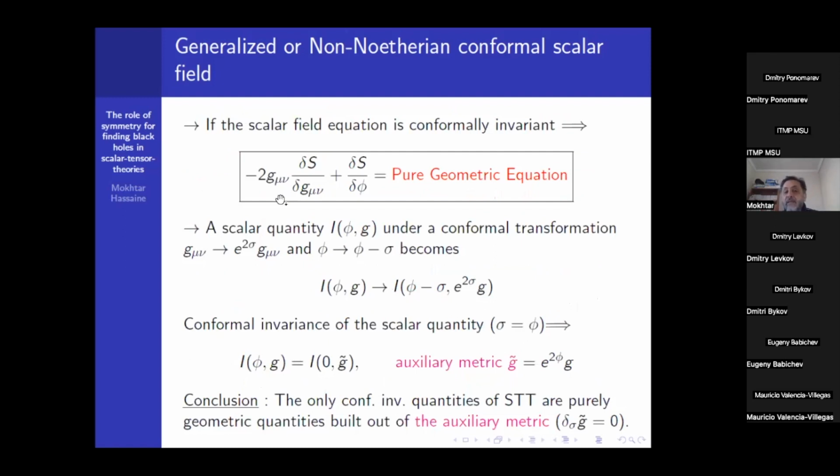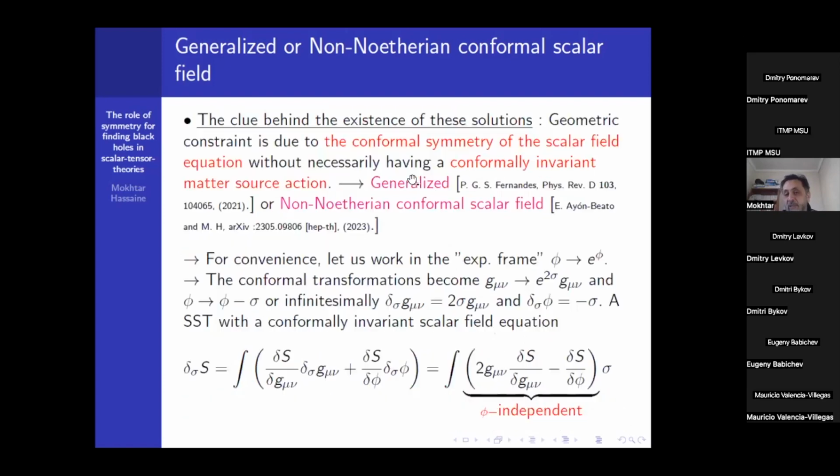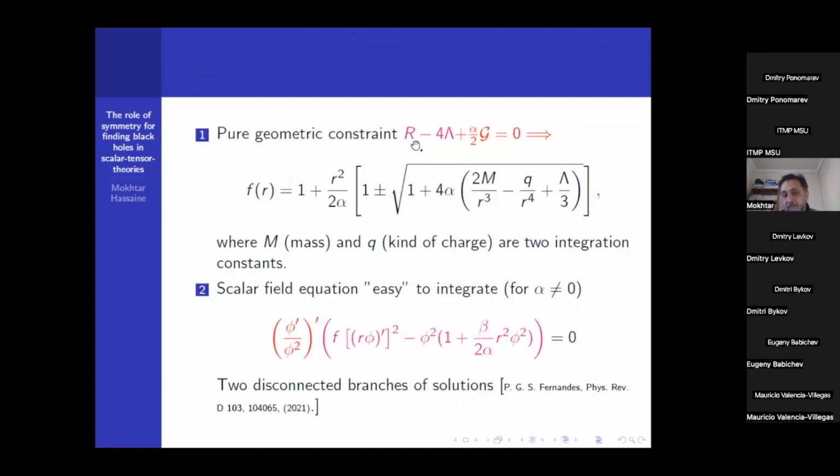So if the scalar field equation is conformally invariant, we have this quantity, the trace of the T mu nu plus the equation of motion with respect to phi, is a pure geometric constraint. And it was exactly what I got here.